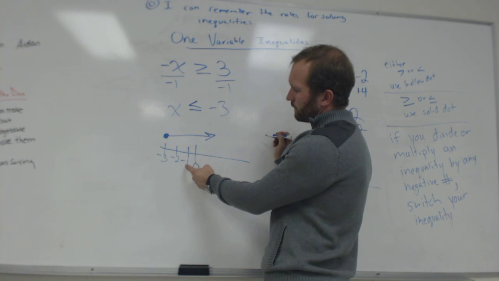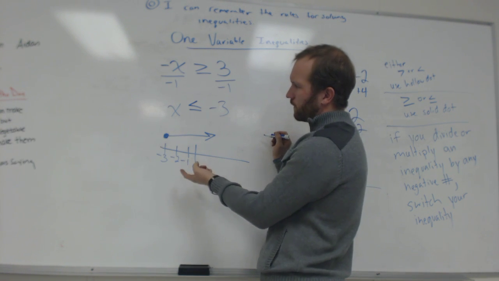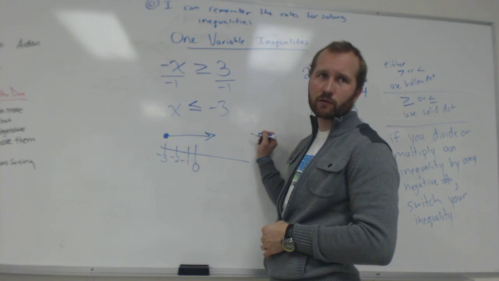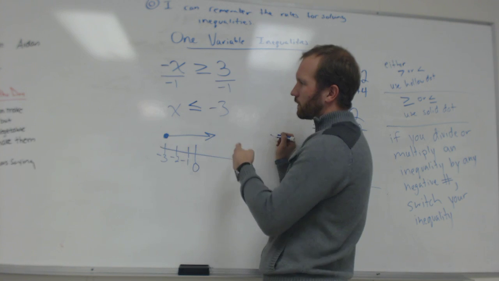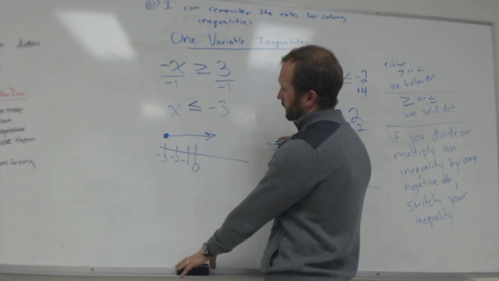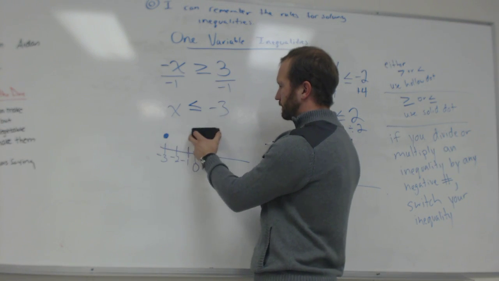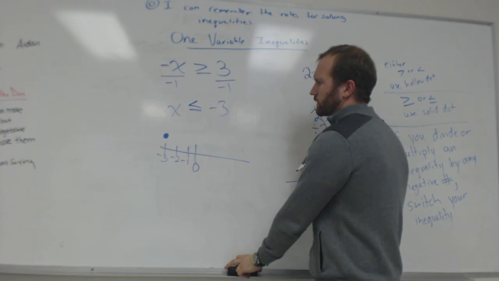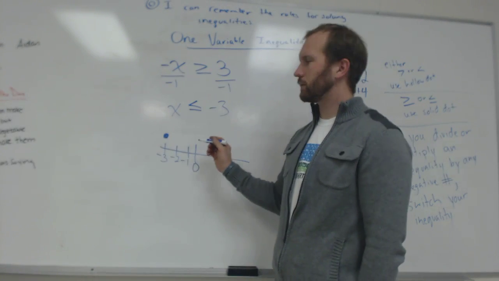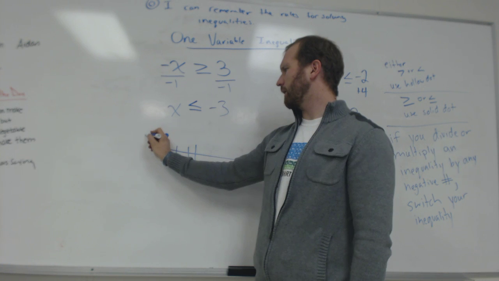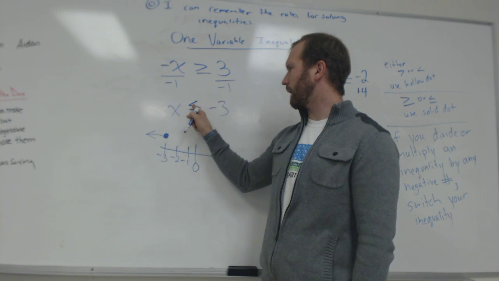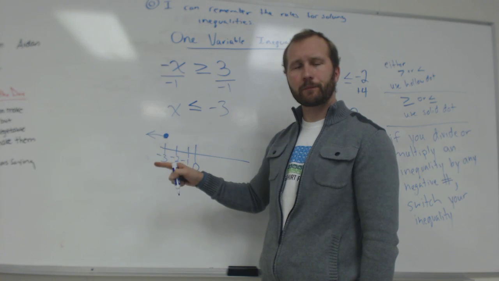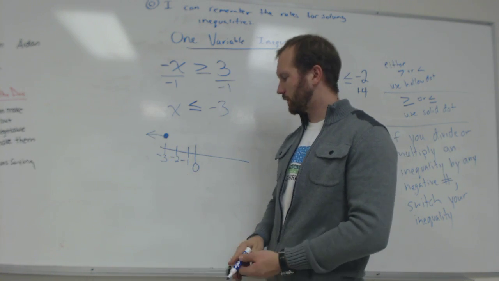Would that be true? No. -1 is bigger than -3, right? So did I draw my arrow in the correct direction? No, I didn't. Which direction should I draw my arrow? The left. And look, the end of the arrow looks like that less than symbol. It's going to help us remember what to do.